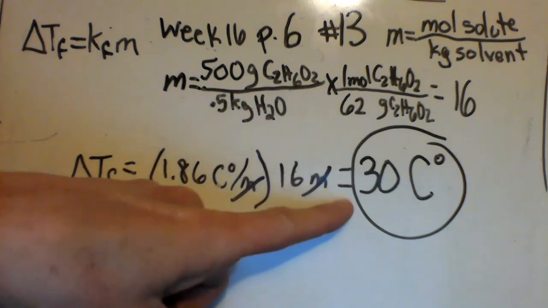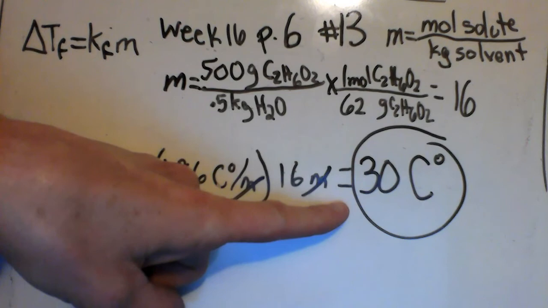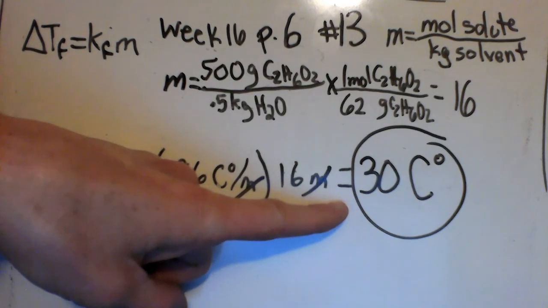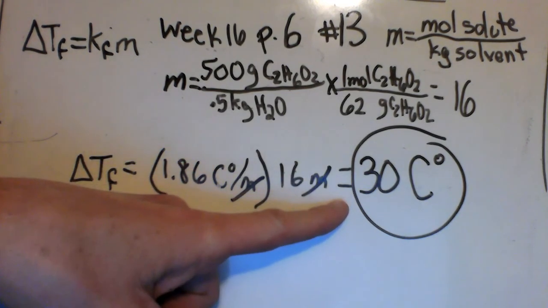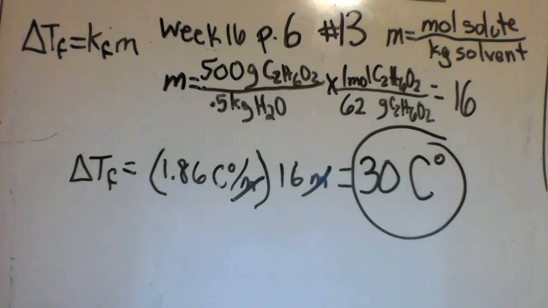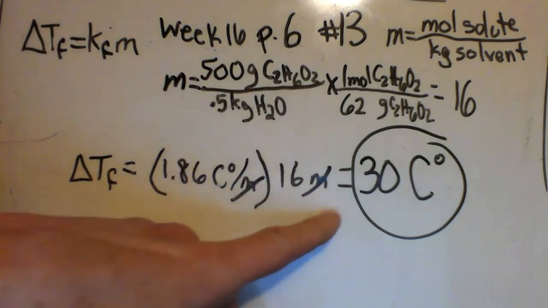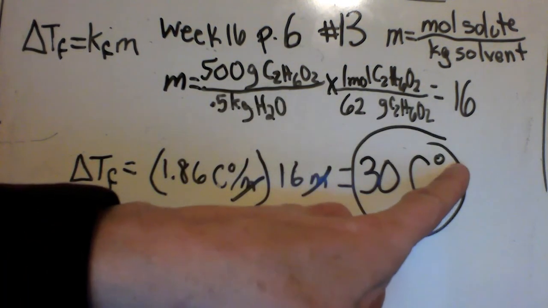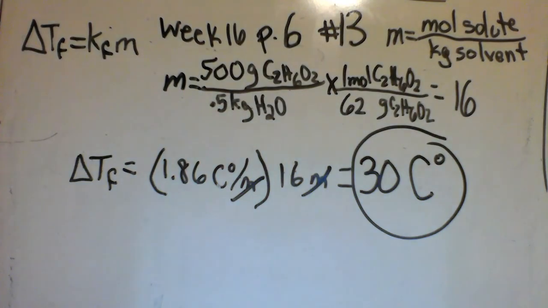That means the solution changes the freezing point so that the freezing point is lowered by 30 degrees on the Celsius scale. Notice that the degree symbol comes second in these equations and not first when you're measuring temperature.